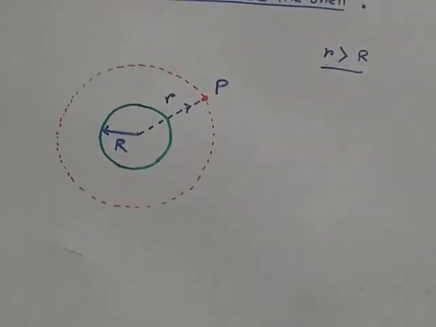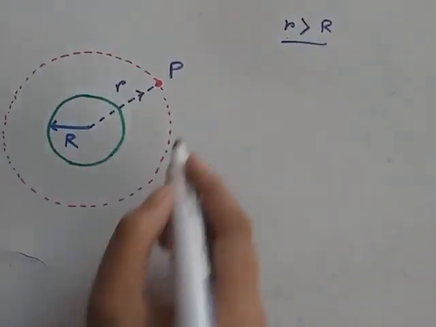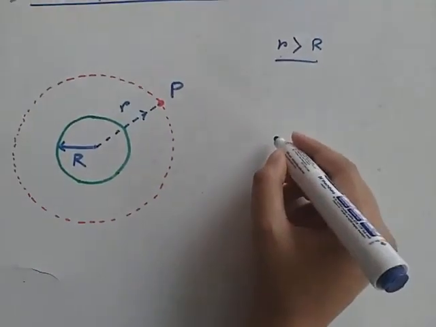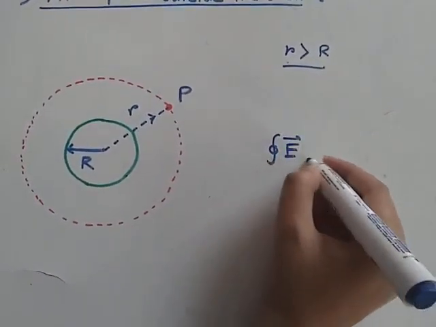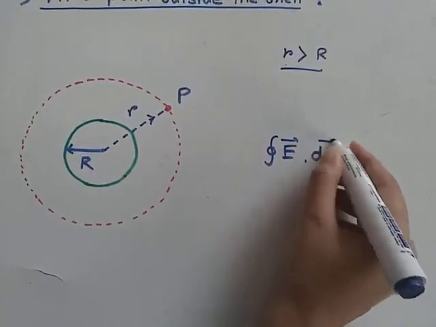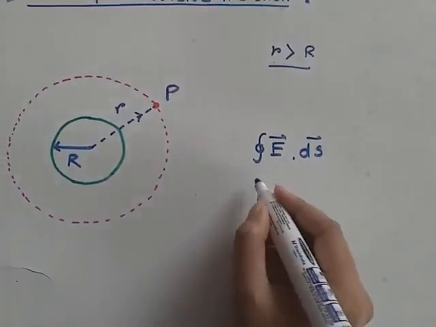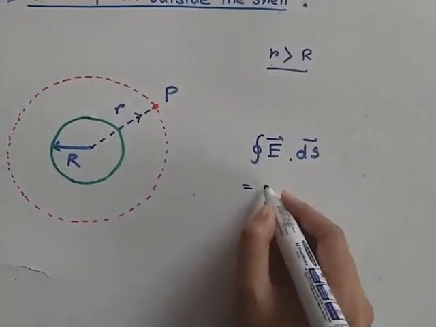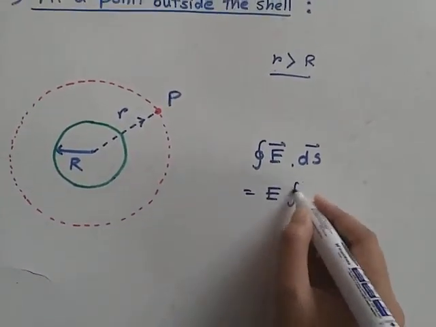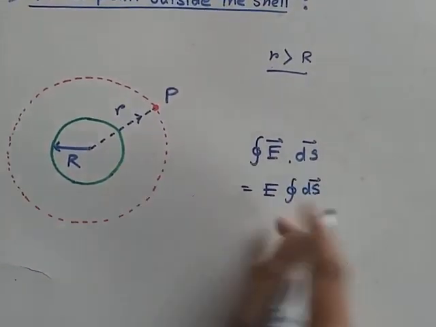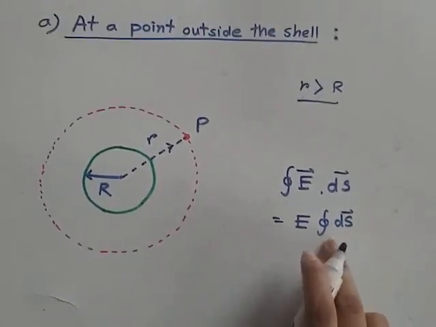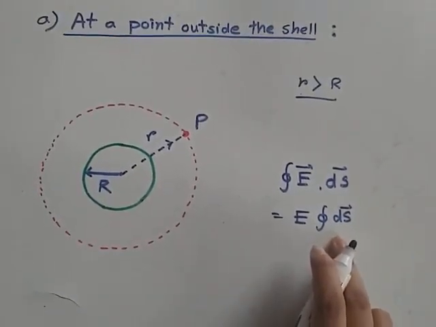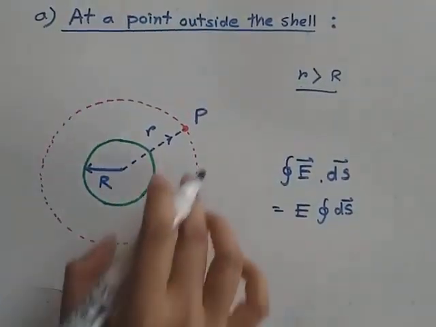Here, the total flux through the Gaussian surface we can write as closed integral of E dot ds, or as E times closed integral of ds, because E is a constant quantity and this ds is the total surface area or the total cross section area of the Gaussian surface.